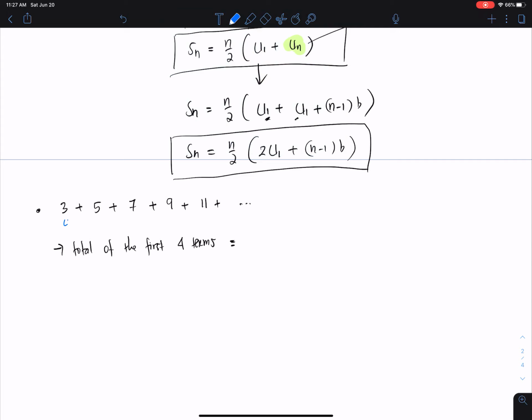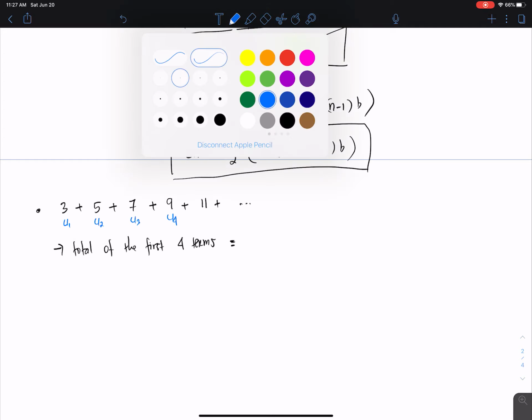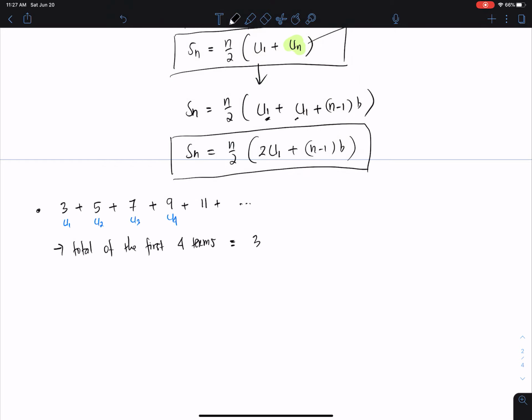This is U1, U2, U3, then U4. So the total will be 3 plus 5 plus 7 plus 9. This will give us 24.